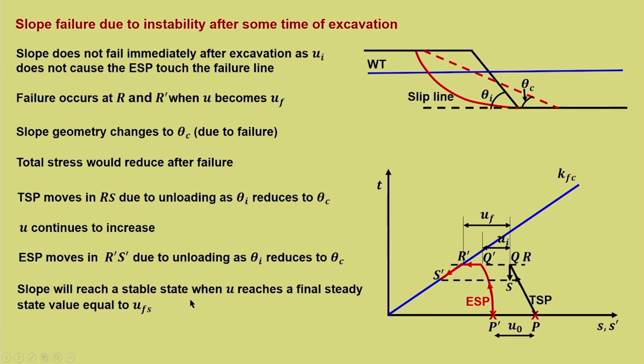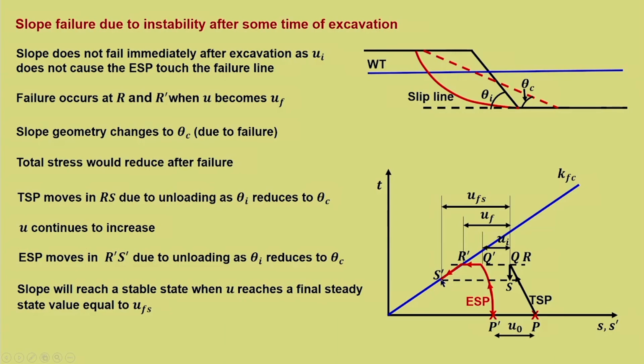So, the slope will reach a stable state. Now, theta C will become a stable state when U reaches a final steady state value, which is equal to UFS. So, UFS is the stable final value of pore water pressure, where S meets at S dash.